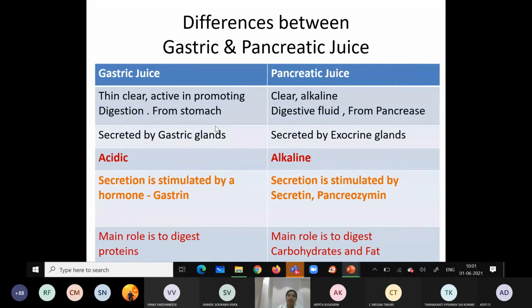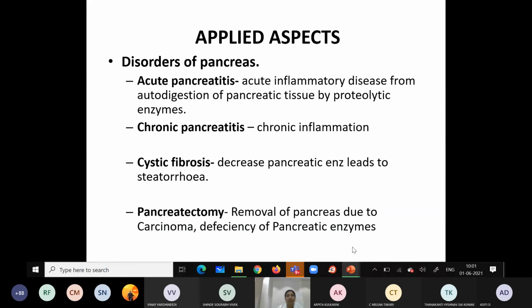Gastric juice is secreted by gastric glands, whereas pancreatic juice is secreted by exocrine glands. The pH of gastric juice is acidic, of course you know this. Secretion here is stimulated by gastrin, a GI hormone. Here it is stimulated by secretin and pancreozymin. The main role here is to digest protein. Here the main role is to digest fat and protein both.